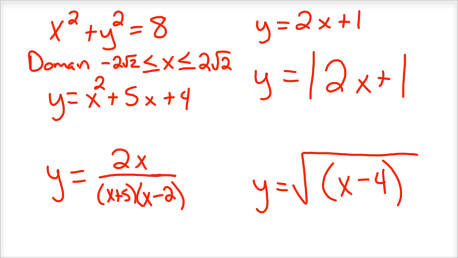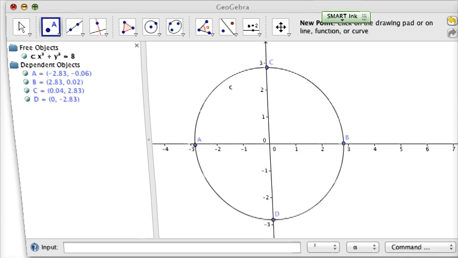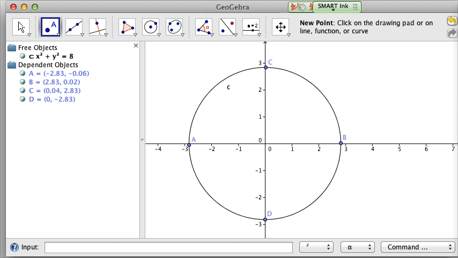So, wow, that's going to get all scrunched up. Range is the same, because on the y-axis it starts at -2 root 2 and goes to positive 2 root 2. I'll pull that back up so you can see. My domain starts here, ends here. My range starts here, ends here.